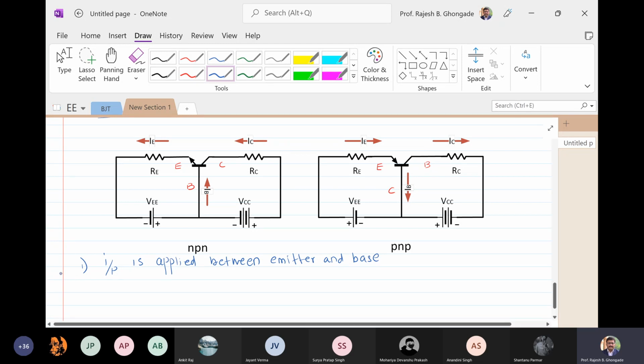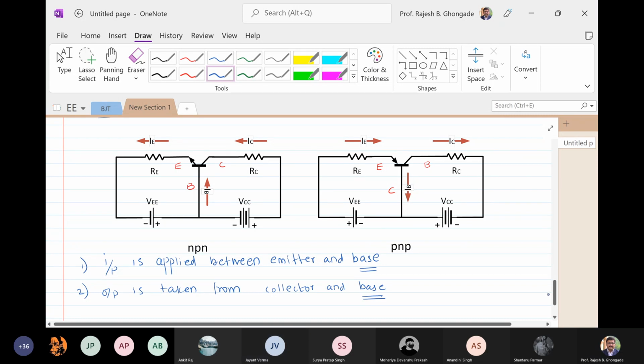And where is the output taken from? Where is the output taken from? Yes, output is taken from collector and base. Of course, I mean it's quite logical. Base is common to both input and output, right?